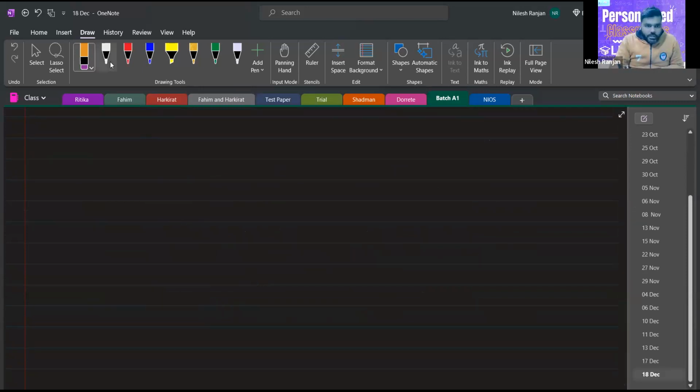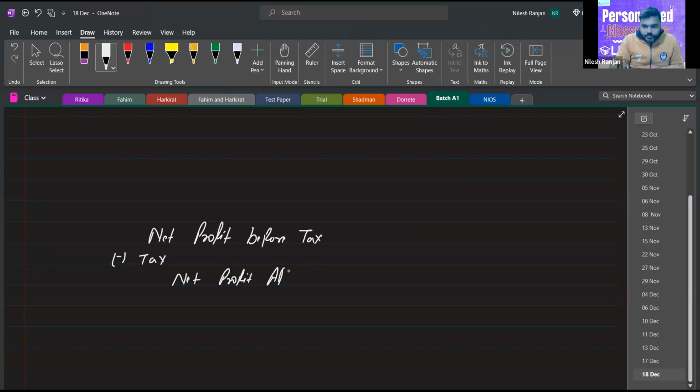Okay, so the format is, when we calculate profit, it is net profit before tax, and this profit is then distributed: minus tax, then we get net profit after tax. And after that, we transfer to reserve and dividend paid.